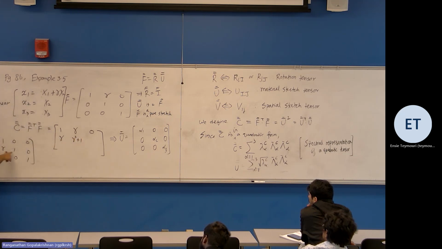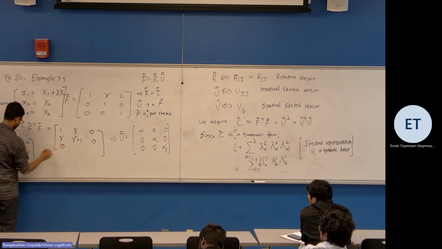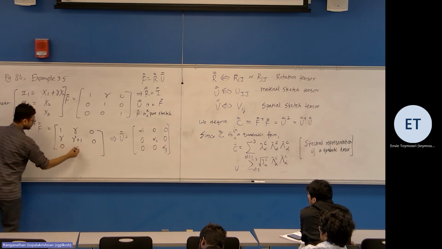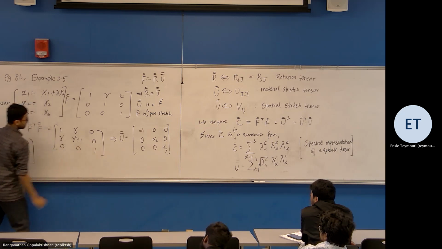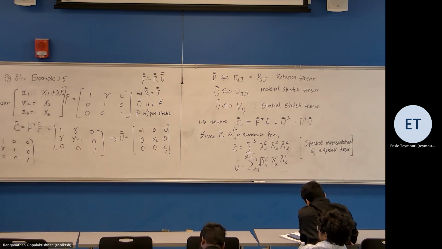Second row with third column, 0. Third row with first column 0, 0, 1. Yeah, this is correct.